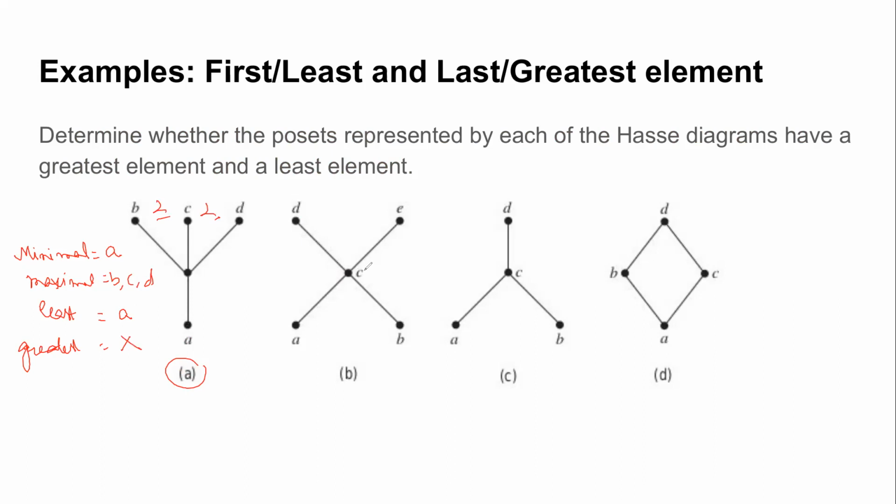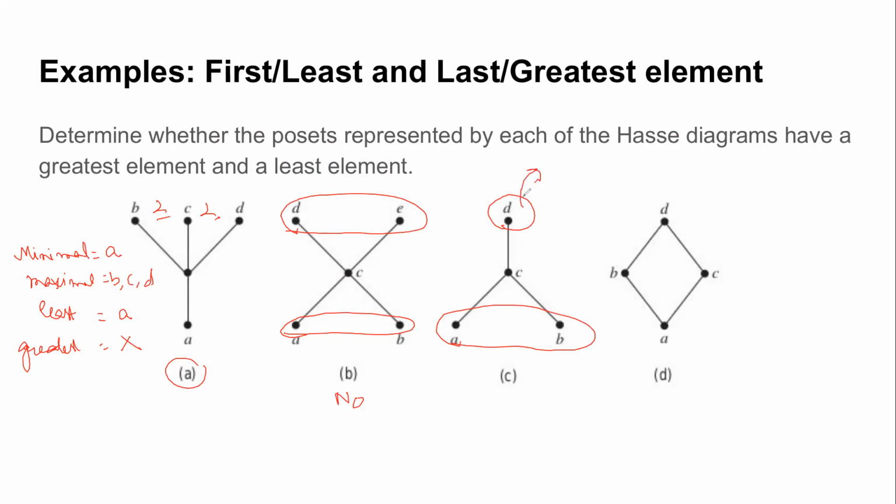Similarly, for this, what are the minimal elements? A and B. Maximal elements? C, E, and D. Is there a least or greatest element? No. Excellent. What about this? Maximal element is D, minimal elements are A and B. Does a greatest element exist? Yes. What is it?